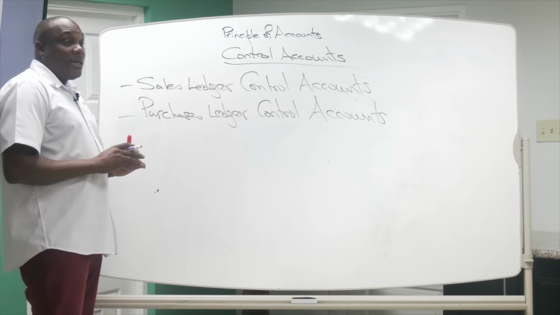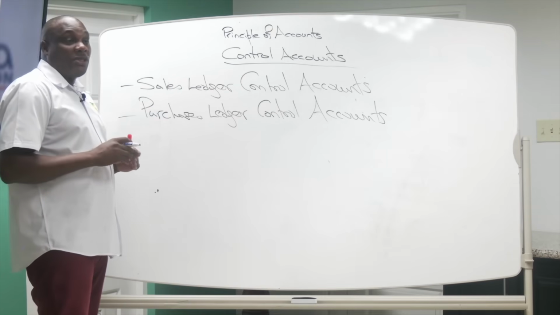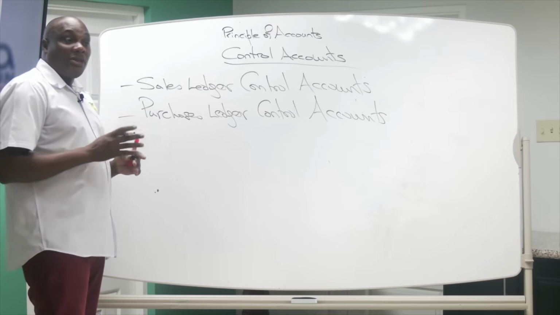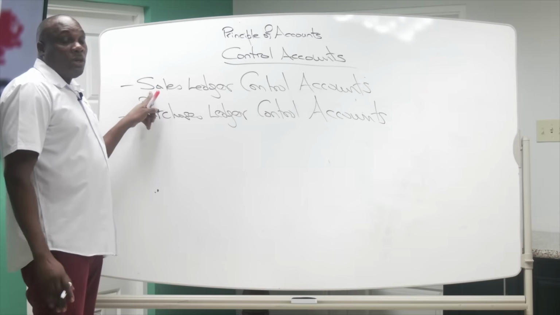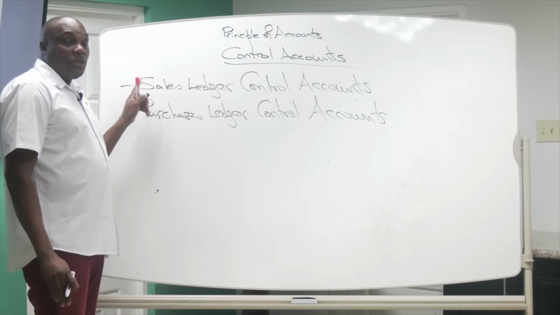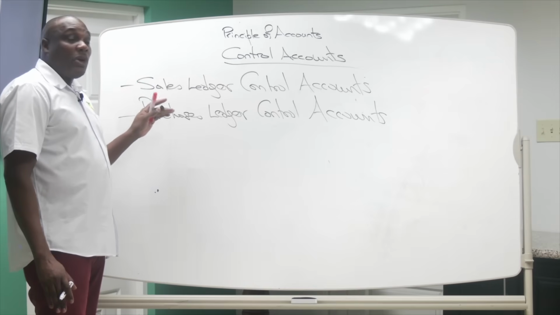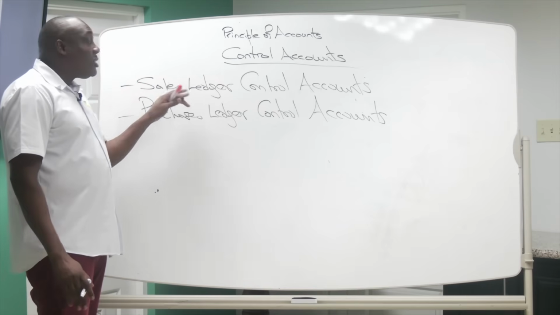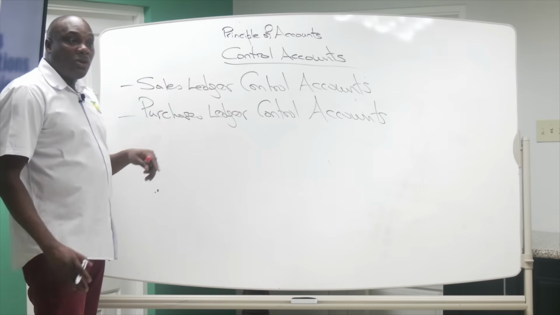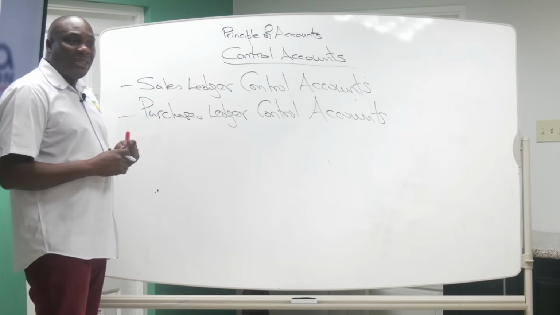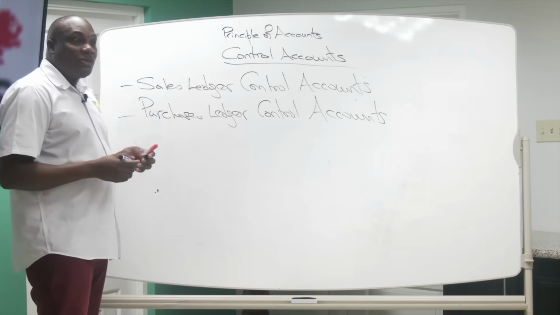Now, students, remember I did say to you there are other names associated with debtors and creditors that you're already accustomed to. For sales ledger control account, remember it is used to record debtors. So the examiner at times may also refer to the sales ledger control account as total debtor control account or total accounts receivable control account or customers control account.